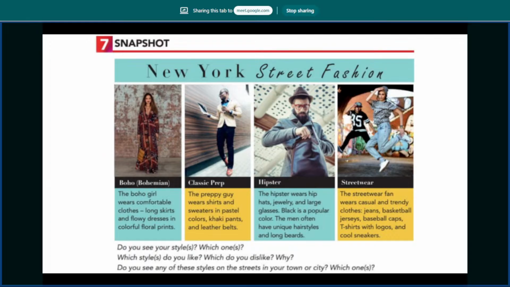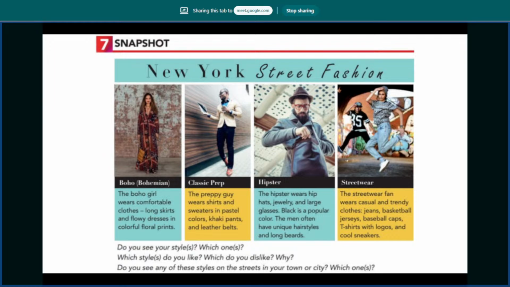Then hipsters usually wear hip hats and jewelry and large glasses. Here we are talking about males mainly, so the men often have unique hairstyles and long beards. Black is the color that they usually wear. And then we have streetwear, jisko hum casual bhi bolte hain. Here we have jeans, basketball jerseys, baseball caps, t-shirts with logos and cool sneakers.